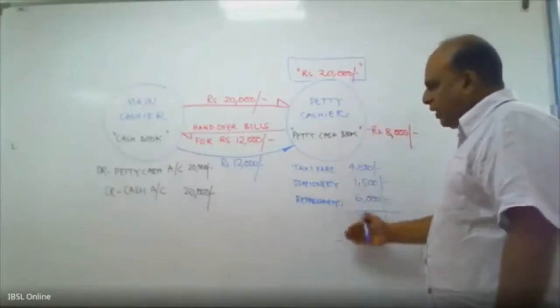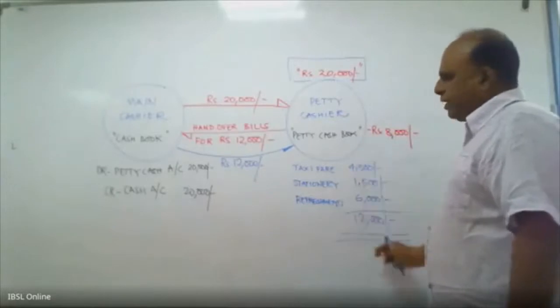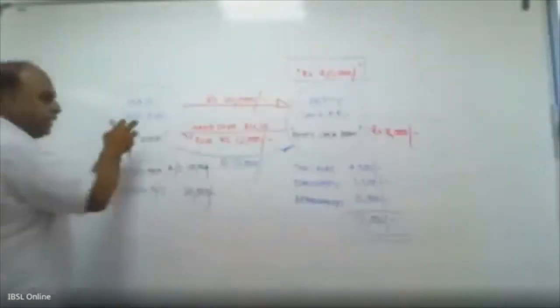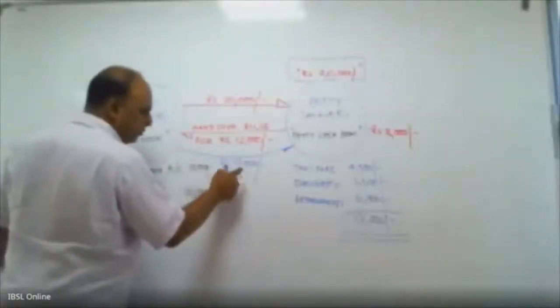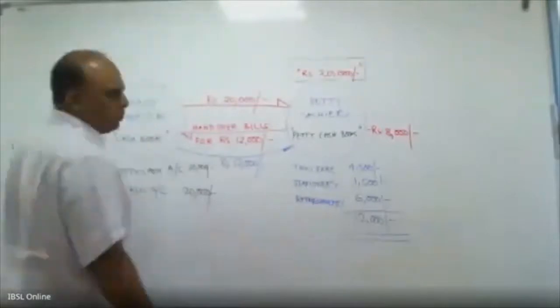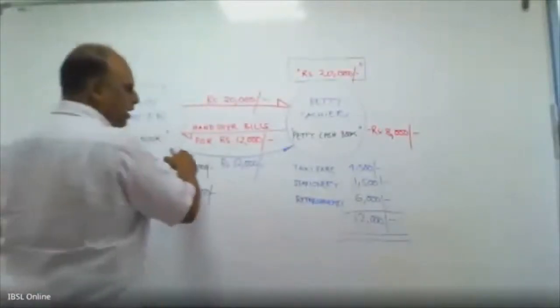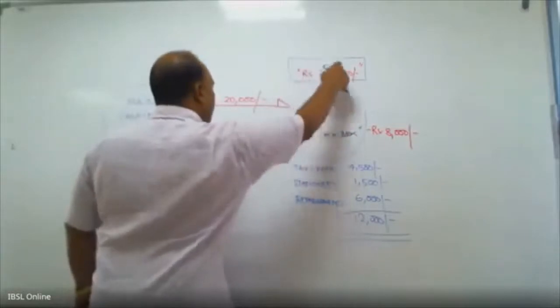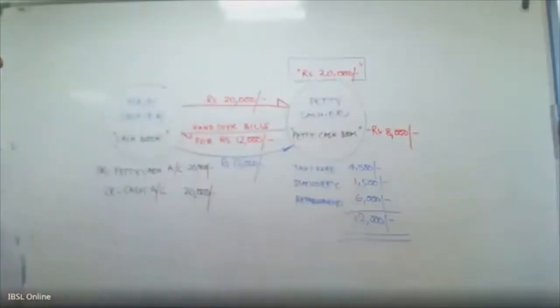You do all your expenses, prepare a schedule, attach bills, go and hand it over to the main cashier and get yourself replenished with the amount.